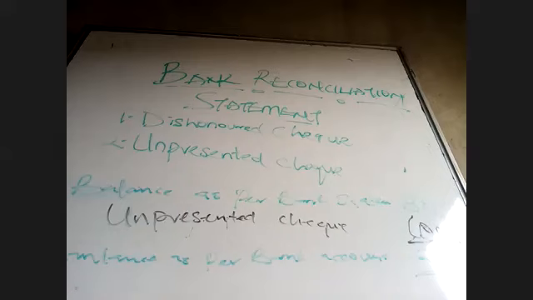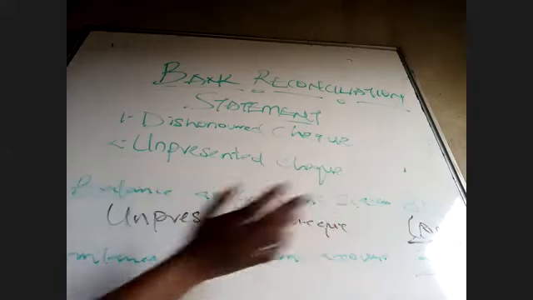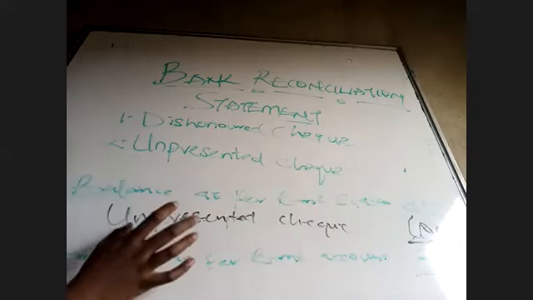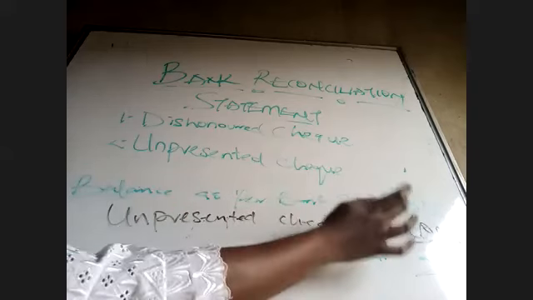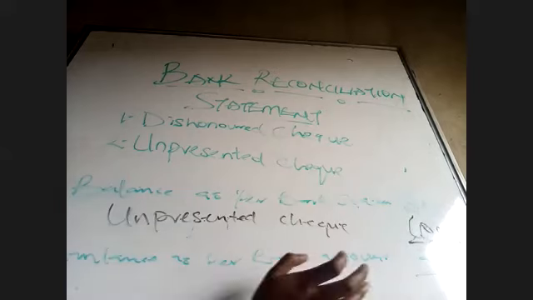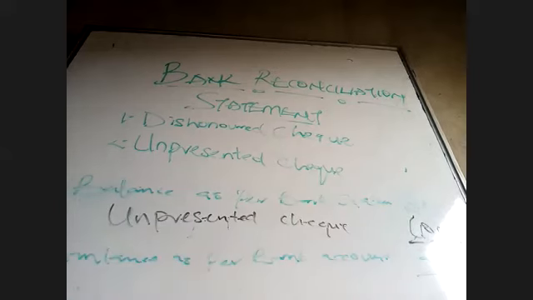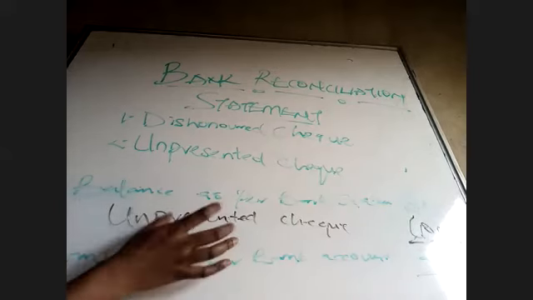You can start with balance as per bank statement, and you can start with balance as per bank account. Just know which one you are starting with. But if it is balance as per bank statement, you know your unpresented check will be deducted to get your balance as per bank account, because the business already issued out this check, and they are assuming that it has been received.